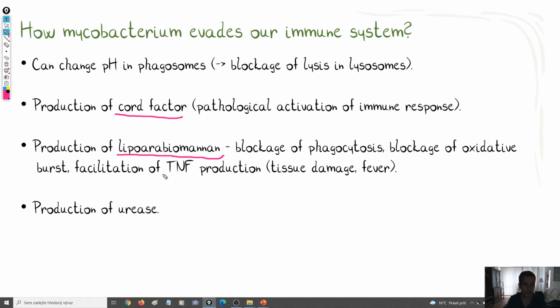It also facilitates TNF production, which can aggravate the tissue damage caused by the infection, and it can also magnify the systemic signs of the infection, such as fever, for example. It also produces urease that has other toxic effects. So you can see here that the mycobacterium has a lot of ways to evade our immune system.